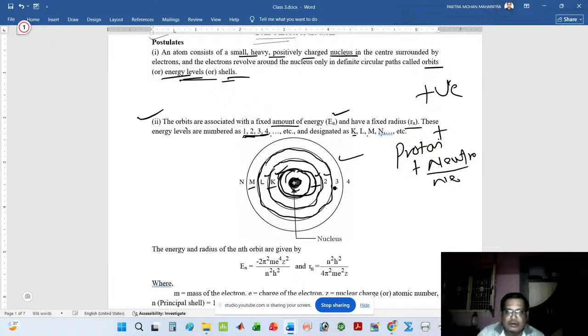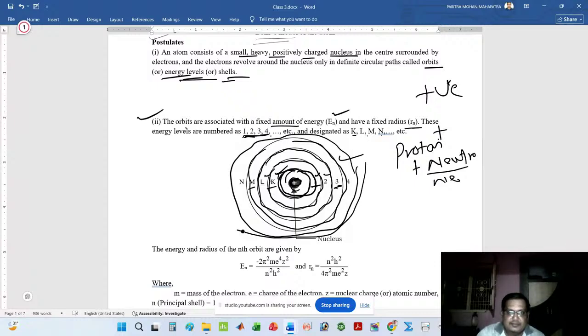This is also called the 3 shell. Next, this is the other shell. This is called the N shell or 4 shell. You can also draw the fifth shell, or the sixth shell like this. As per your choice, you can draw any number of shells and number them as 1, 2, 3, 4, 5, etc.